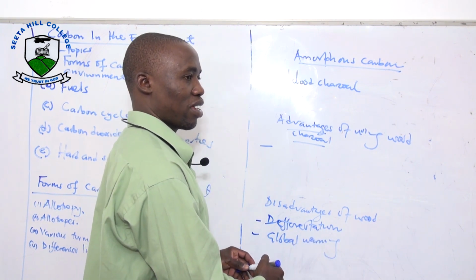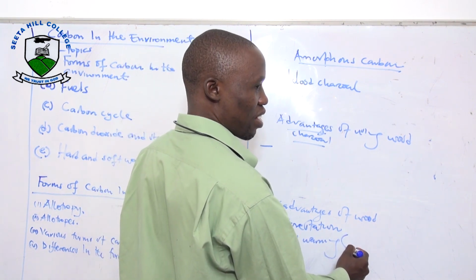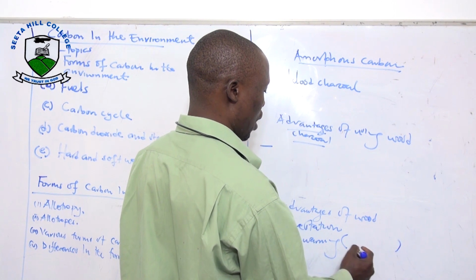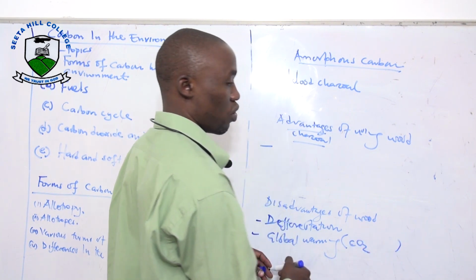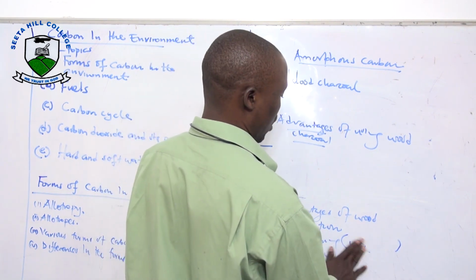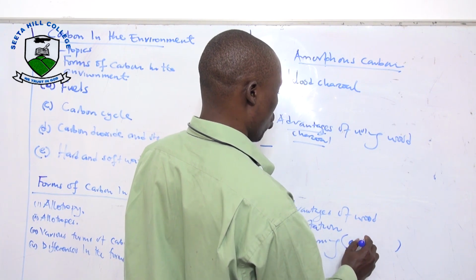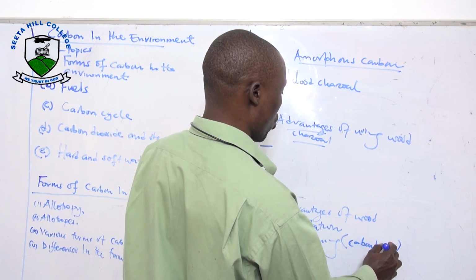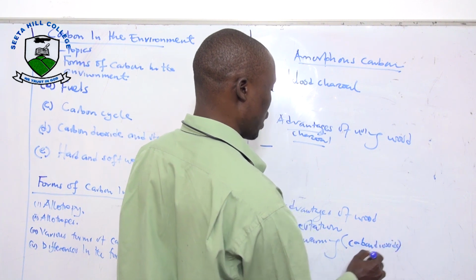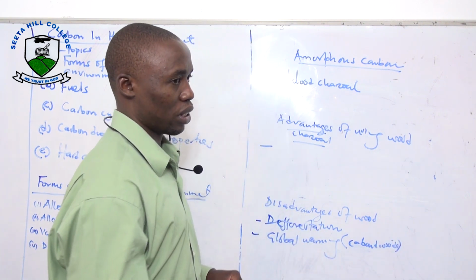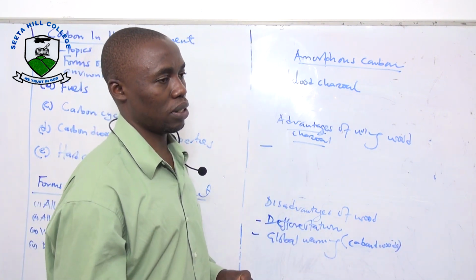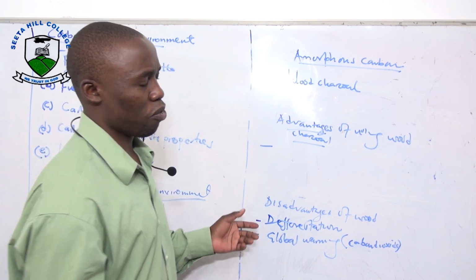Trees are cut down, which would have reduced the carbon dioxide in the atmosphere. The carbon dioxide produced even during burning leads to global warming due to a greenhouse gas called what? Carbon dioxide.